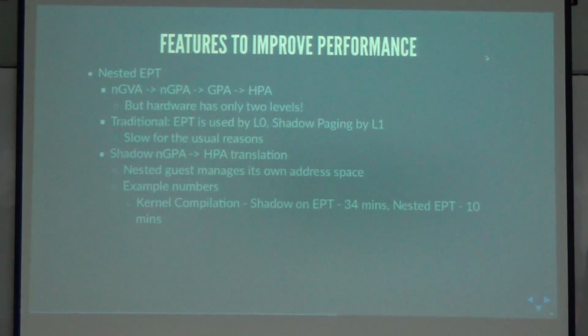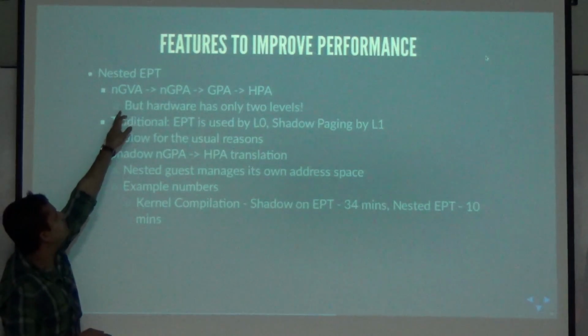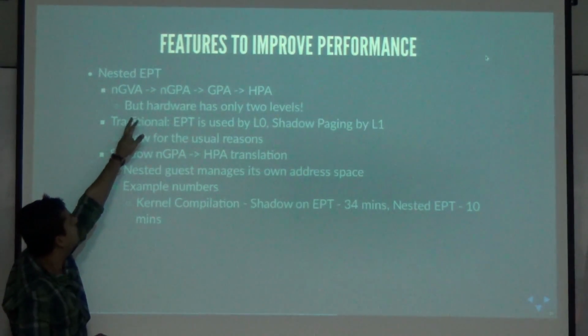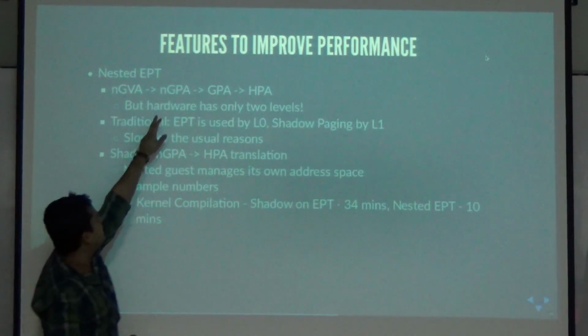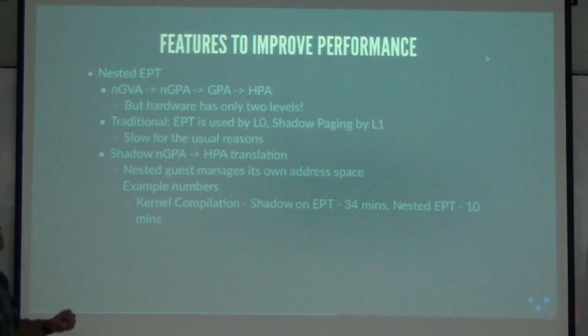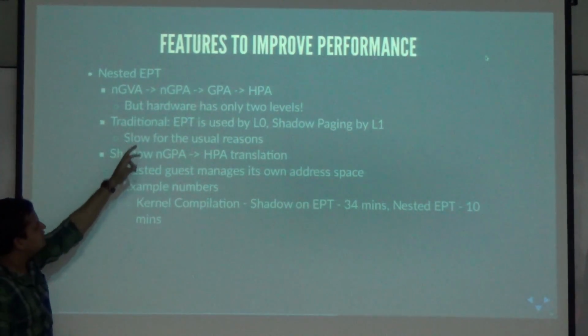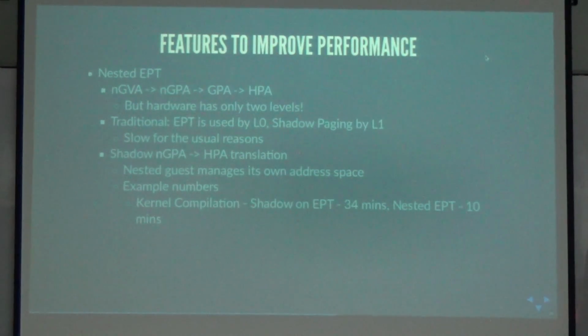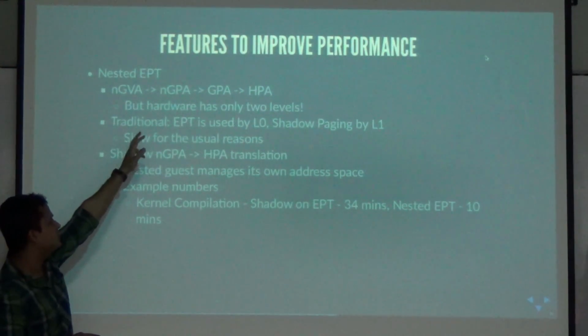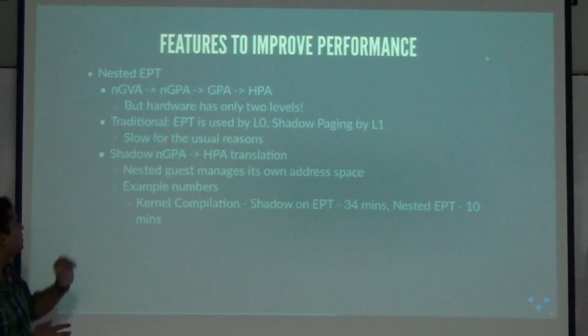So now this translation over here actually is happening inside EPT from this point to that point. The nested guest virtual address to guest physical address happens with the standard page tables, and the EPT translation happens between nested guest physical address to host physical address.